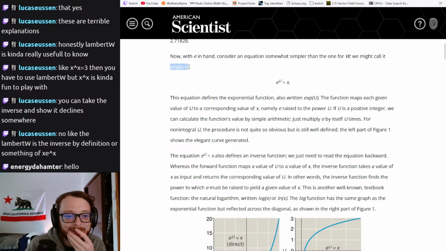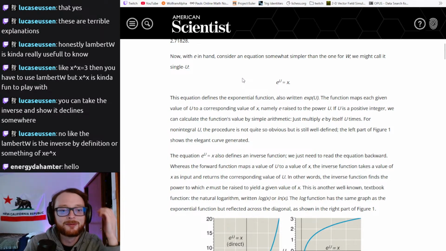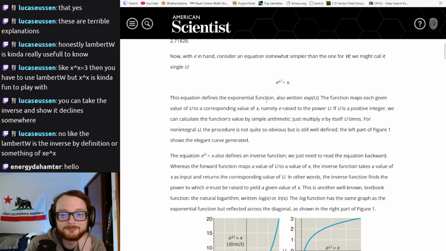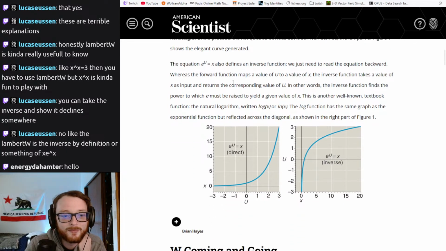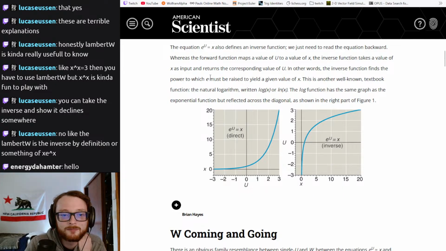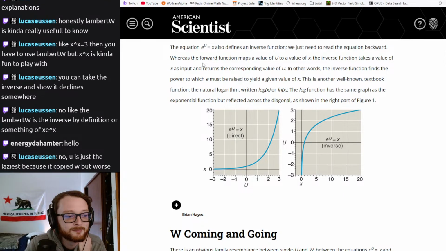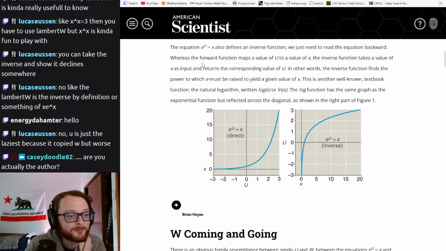Okay, I like that this author. I always thought that W was like the laziest letter of the alphabet because it's literally just a doubled U, and like this author is calling that out. U is the laziest because it copied.